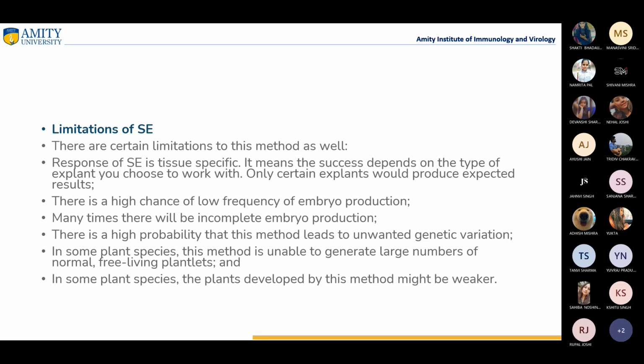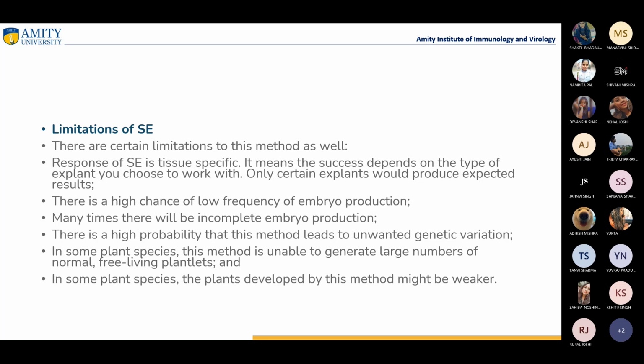So some percent chances are always there, right? In some plant species, this method is unable to generate a large number of normal free living plantlets, not viable everywhere. And in some plant species, the plants developed by this method might be weaker. They might not be able to survive in the natural environment later.